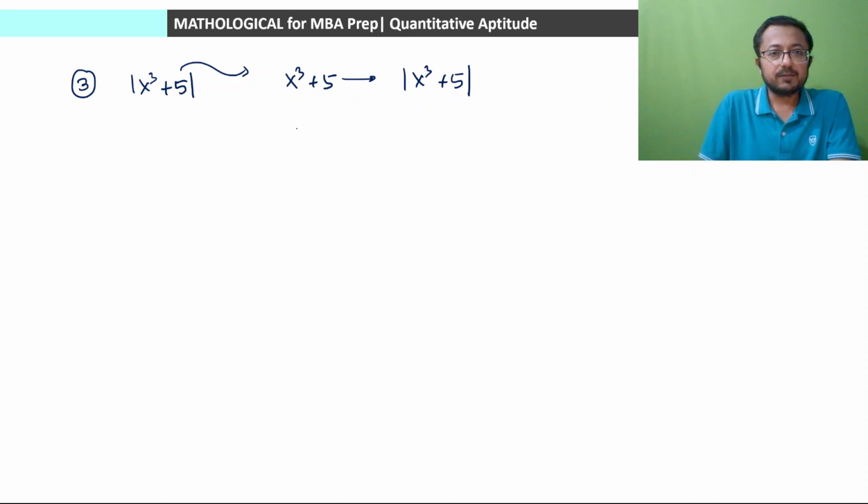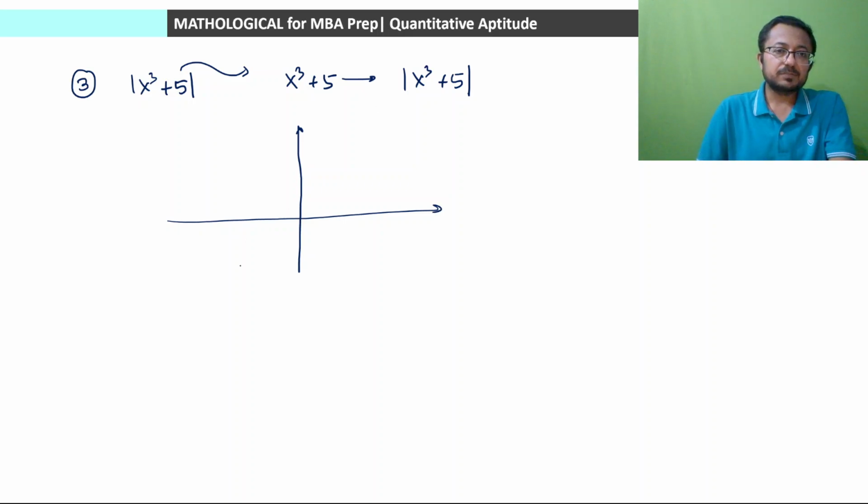Okay, so this graph will be, in case of x cube plus 5, shifting leftwards by 5 units. Graph of x cube shifted leftwards by 5 units, which will be like this. And then we are taking modulus. So all the negative values of the output will change to positive values. This will be the graph of mod of x cube plus 5.